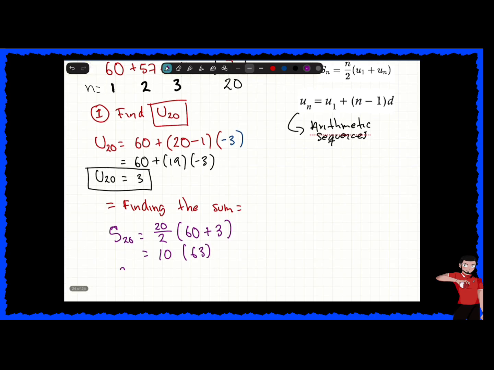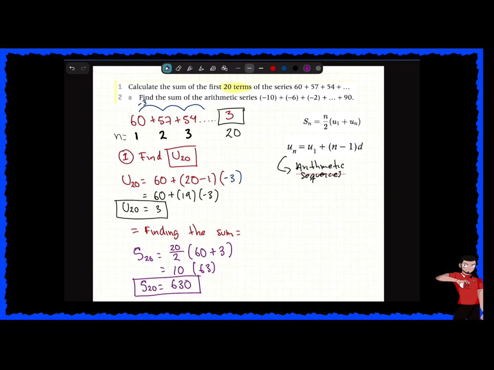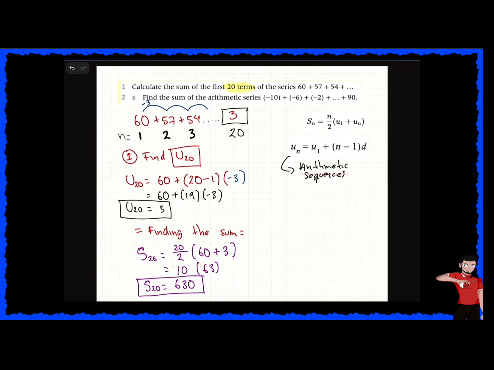So the sum up to position 20 has to be 630, and this is the result of exercise 1, the sum of the first 20 terms. So summarizing, if we don't have the last position, we need to find this number by using this formula first. Then we can find the sum up to position 20.